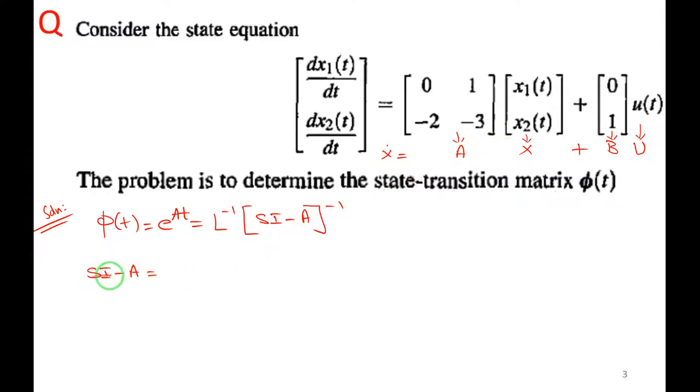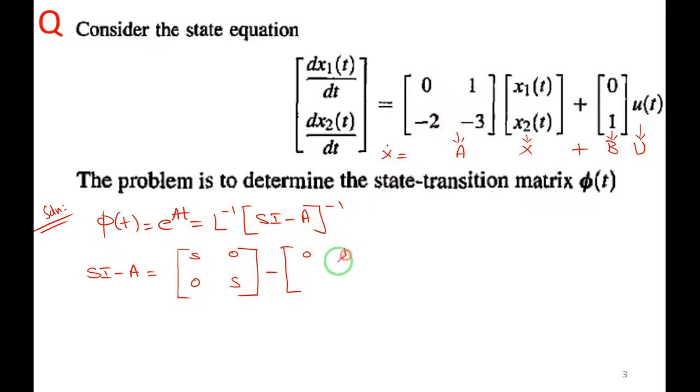So we have to multiply s with it. I will write that matrix directly: s times the identity matrix gives s 0, 0 s. This is sI minus the matrix A. Matrix A is 0 1, minus 2 minus 3.